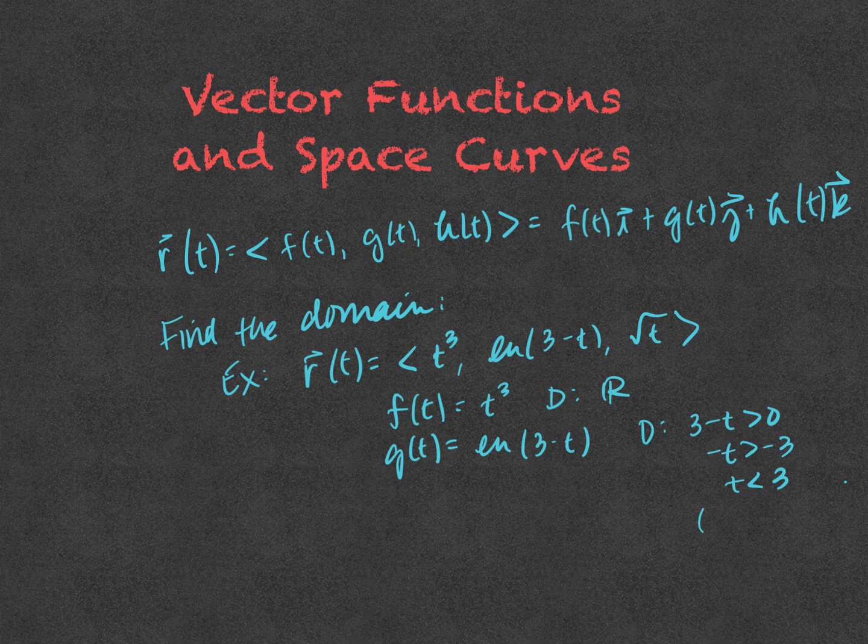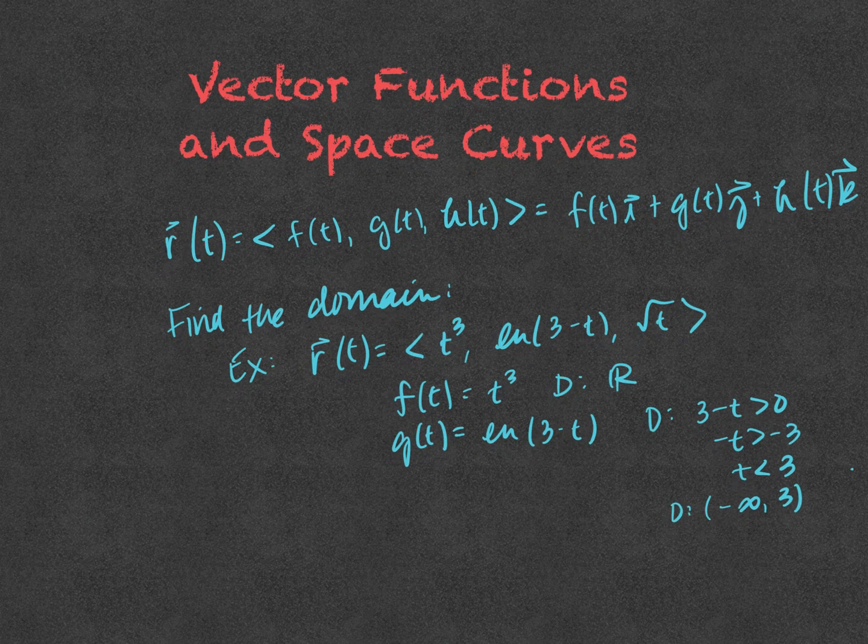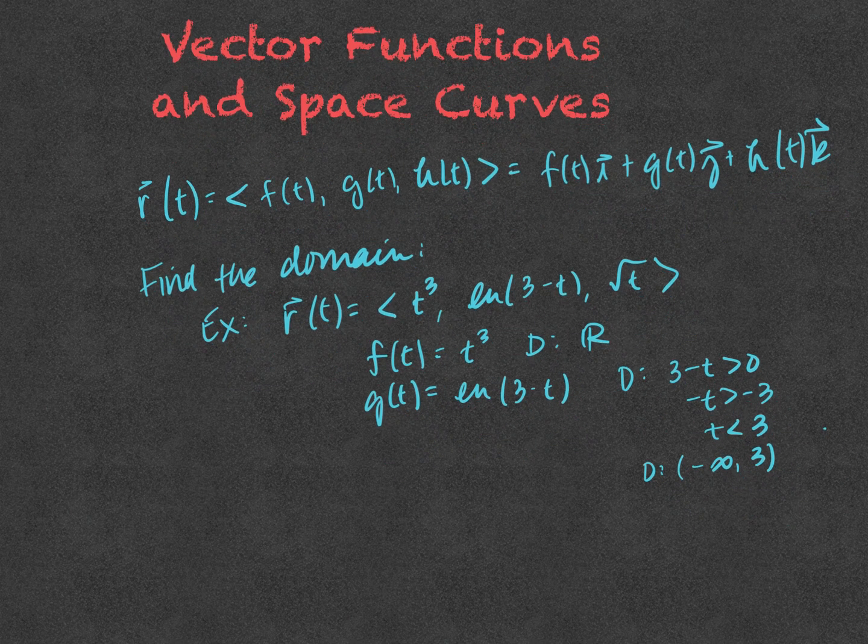So our domain here is negative infinity to 3, not including 3, because you can't take the natural log of 0 or a negative number. For h of t, we were given the square root of t. So when we find the domain, we take the stuff inside the square root and set it greater than or equal to 0. That means our domain is bracket 0 to infinity.